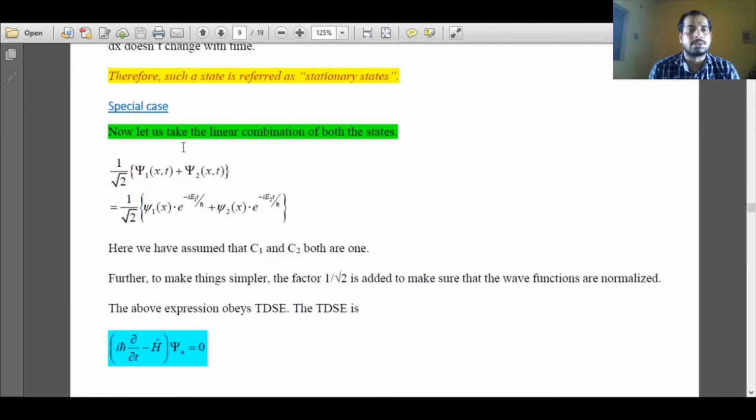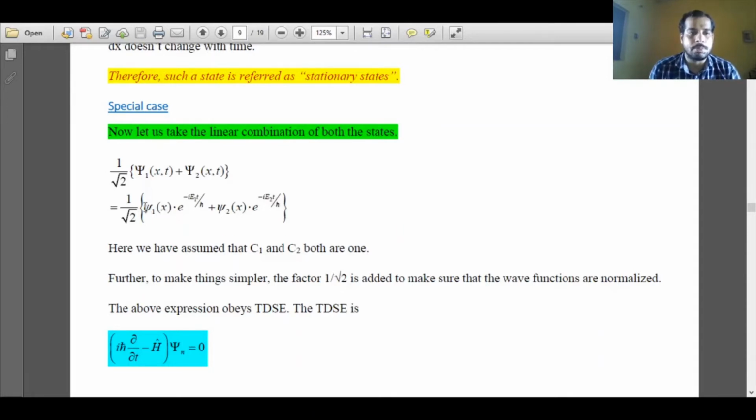Suppose the two states are psi 1 and psi 2, and their linear combination is given as psi 1 of x, that is the spatial part, multiplied by the temporal part, which is e to the power minus i E1 t over h bar, plus psi 2 of x into e to the power minus i E2 t over h bar. So this is the first state, and the second term is the second state.